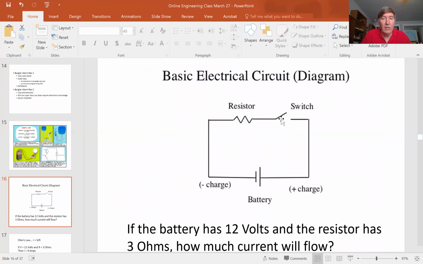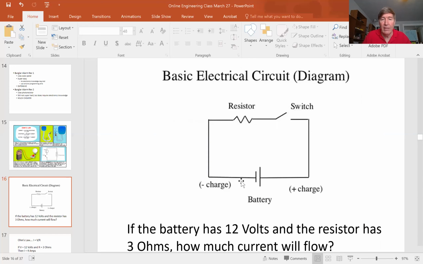Okay, so what you see here is a schematic. Remember that this symbol that you're seeing right here is a shorthand way of representing a battery. The long side is always the plus side of the battery. The short side is always the negative side.